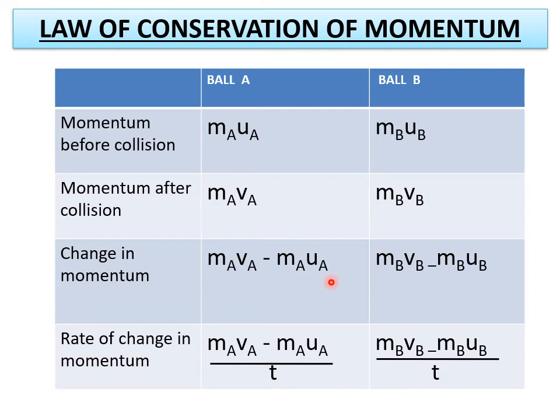Next, for ball B, MBVB minus MBUB. Now we have to apply the equation, that is rate of change in momentum, divided by T. So that gives you MAVA minus MAUA by T for ball A, and for ball B, MBVB minus MBUB by T.